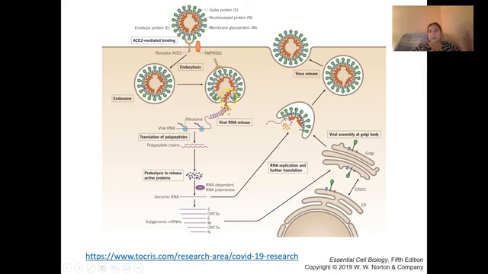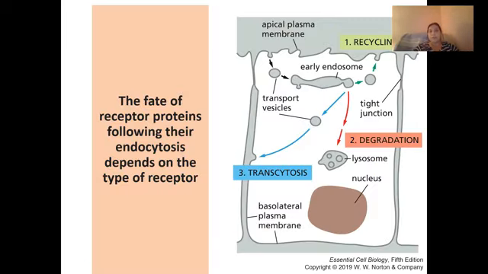The virus at that point, however, releases its RNA and takes over our ribosomes, uses our ribosomes to produce more of themselves so that now it can release them back and cause an infection. So viruses have found a way to take over our body using this system as well.